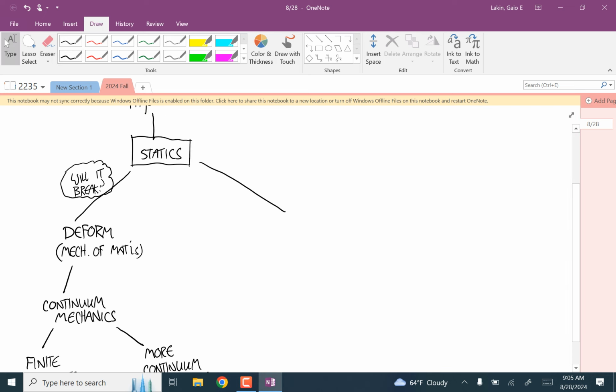On the other side of will it break is how will it move? Dynamics is the first class that talks about that question. So I think of these as kind of parallel.